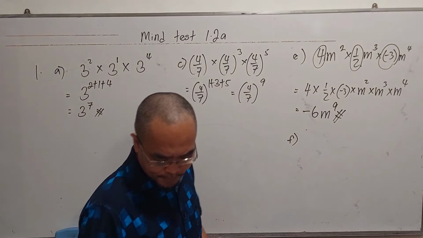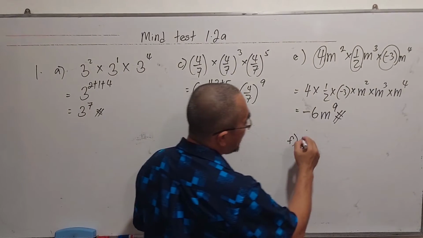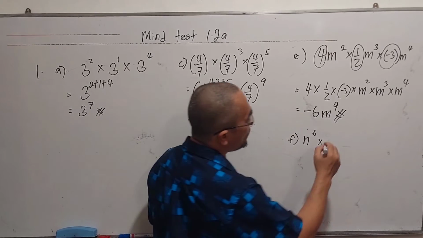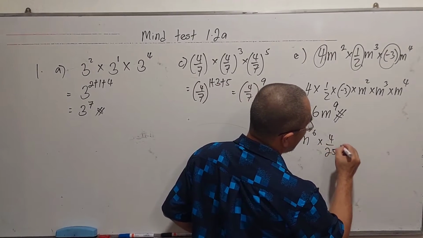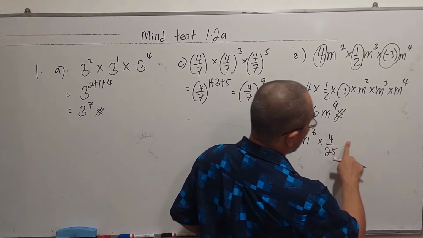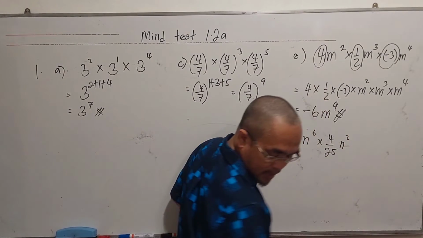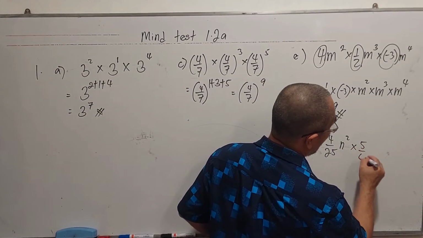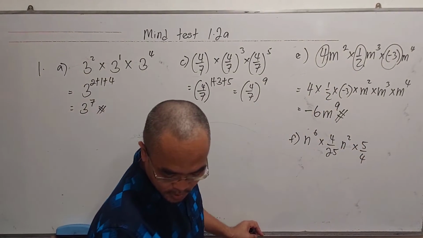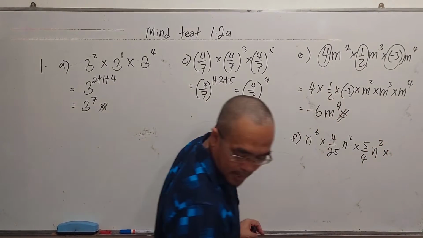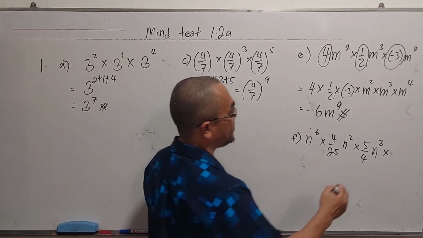F. n power 6 times 4 over 25 times n square times 5 over 4 n to the power of 3 times n.